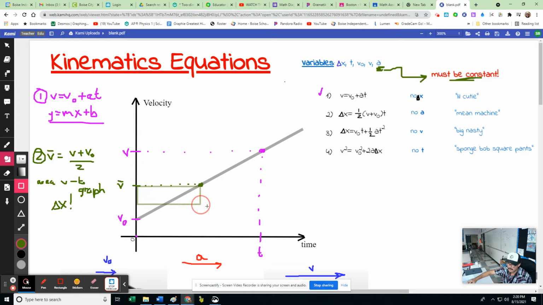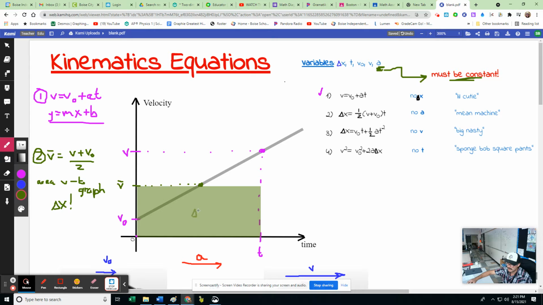What if, instead of changing speed, we just did this average velocity the whole time? Well, we would go a certain amount of distance at a constant speed. We'd be maintaining this speed, and that would result in an area on this graph, which is the displacement. And this is your delta x in here.